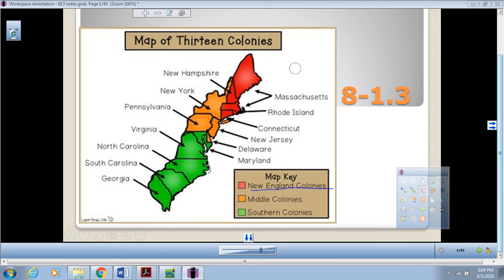These colonies would differ in their outlook on religious freedom, their economies and how they make money, and also some other societal differences.